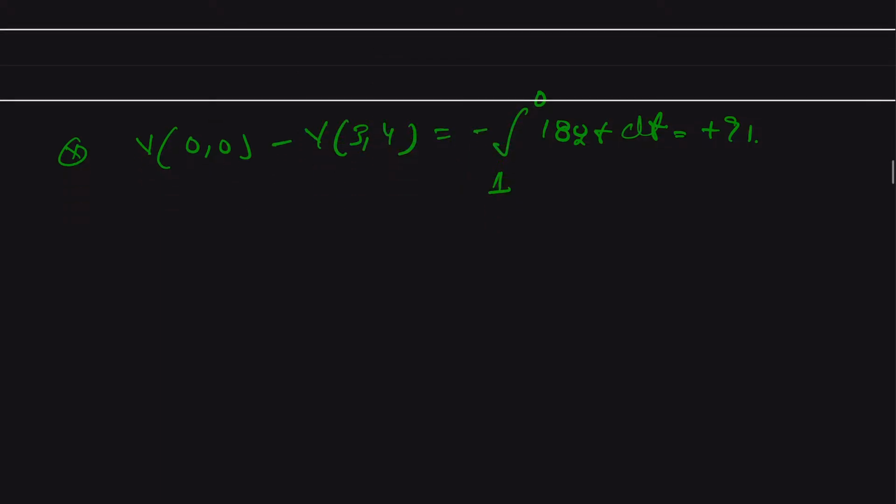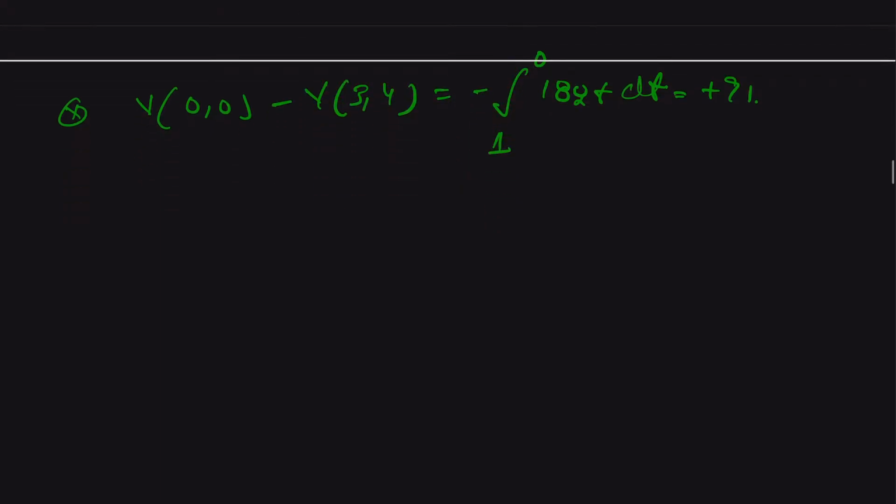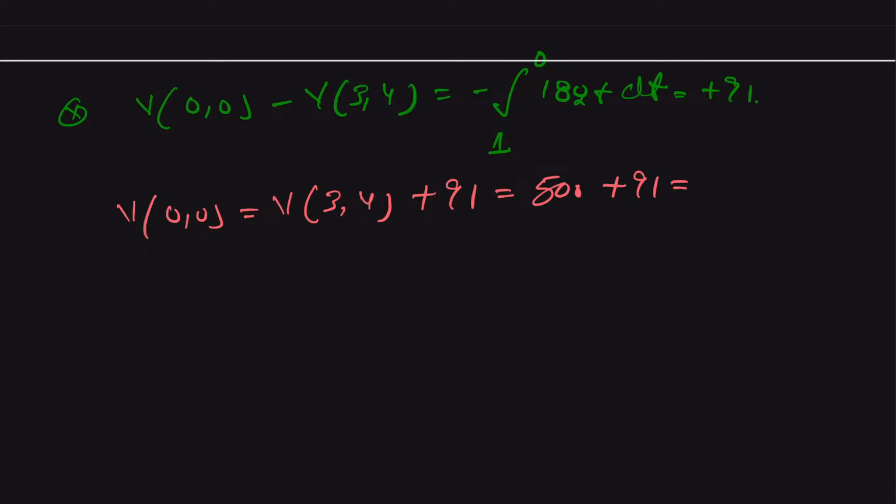Therefore we can write that our V at origin will be equal to V at 3, 4 plus 91, which is given to us as 500 plus 91 is equal to 591 volts.